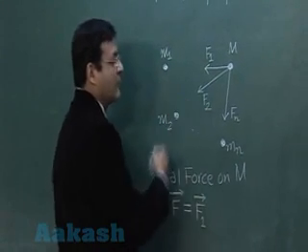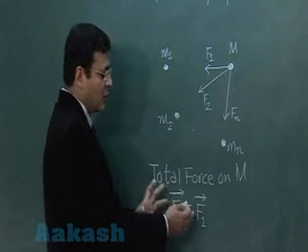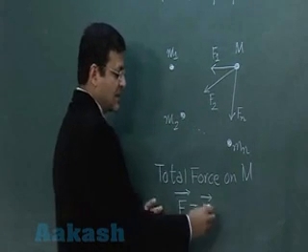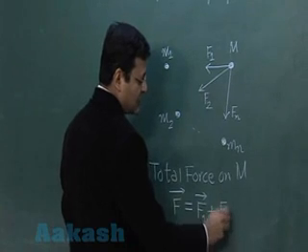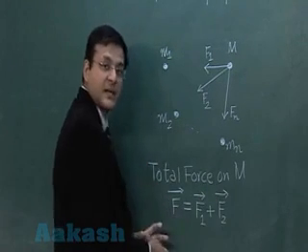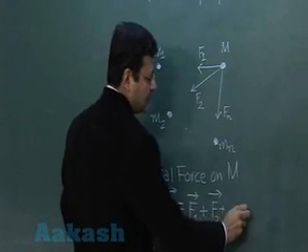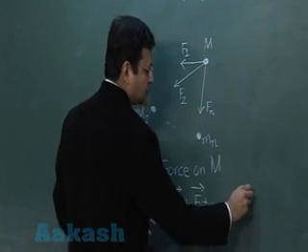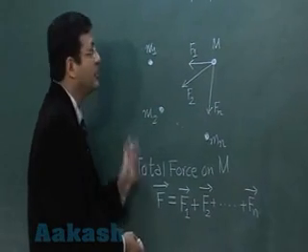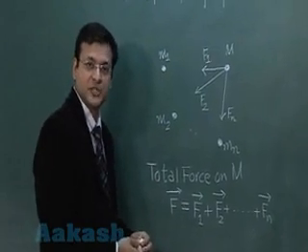Say the M1 is applying a force F1, I am denoting it by vector. This is essentially the vector addition. M2 is applying a force, say F2, so F2 vector has been written. And this is the meaning of principle of superposition.